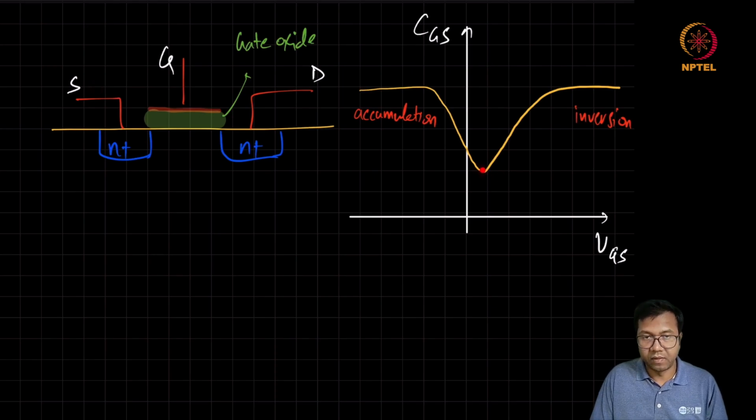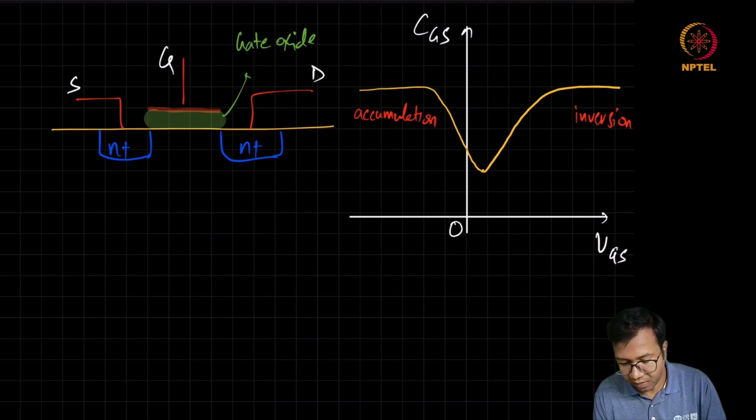In between, because of the depletion, the capacitance is going to fall. But as long as we are operating in either the inversion or full accumulation region, we can obtain a large value of capacitance between gate and source.